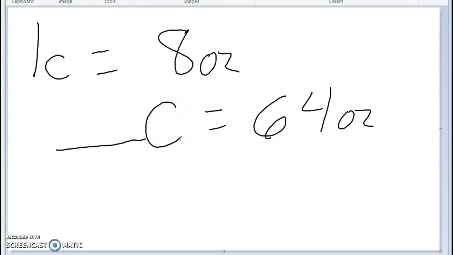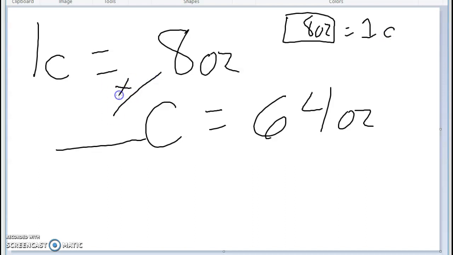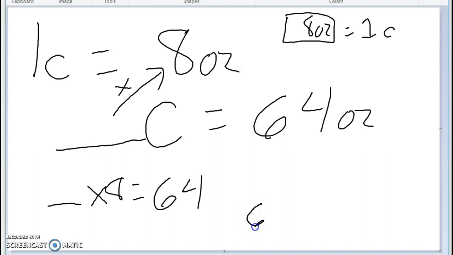You can say 1 cup is 8 ounces, so how many 8s would it take to get to 64? Or you can say blank times 8 equals 64. You can also know that when I do multiplication, I can switch it around and make it division. So I could also say 64 divided by 8. Remember, multiplication ends with a higher number, division starts with a higher number.